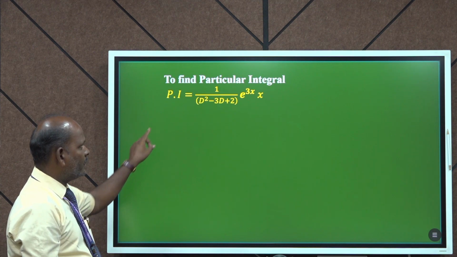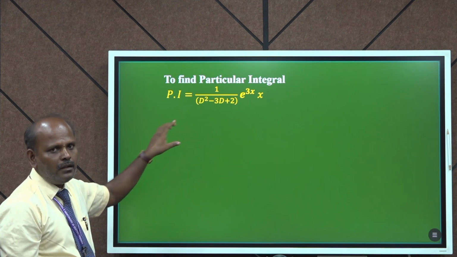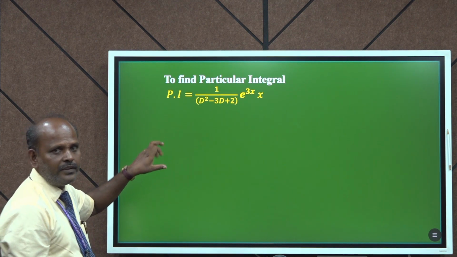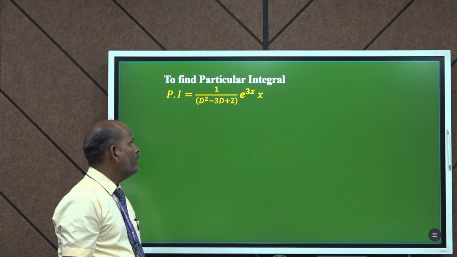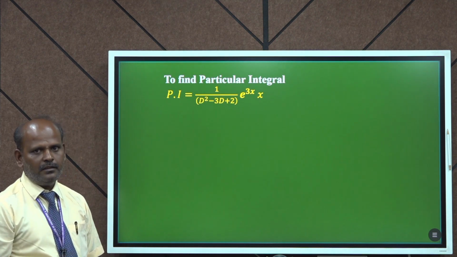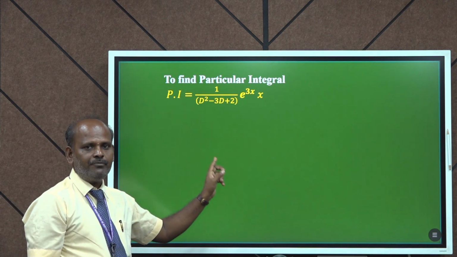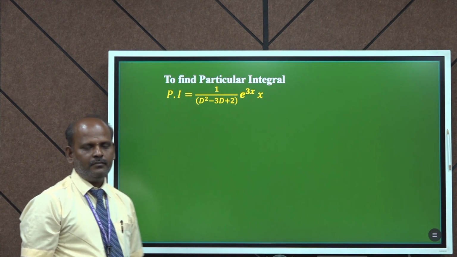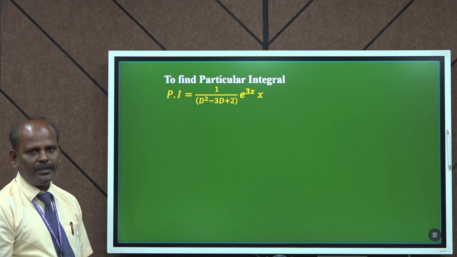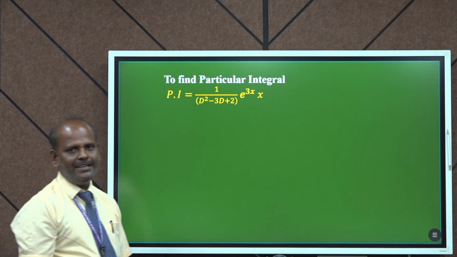The particular integral is equal to 1 by the operator form of the differential equation, D square minus 3D plus 2, into e power 3x into x. Already we say that it is of type 4, of the form e power ax into g of x. In that case, first we apply for the exponential function e power ax.